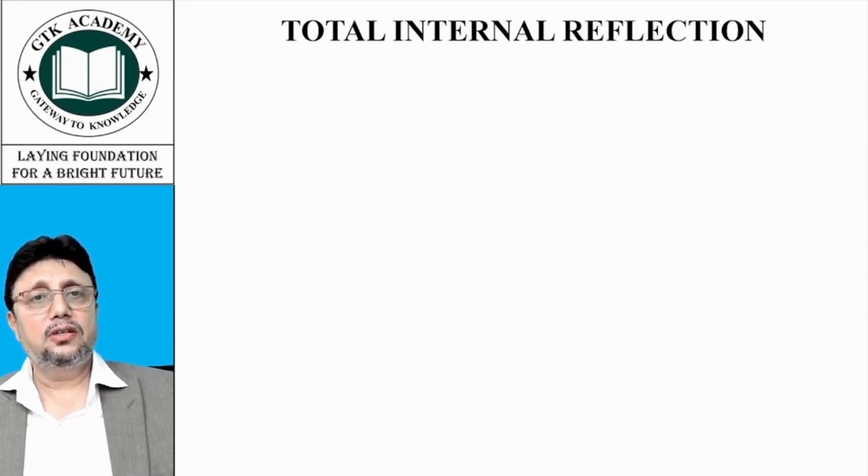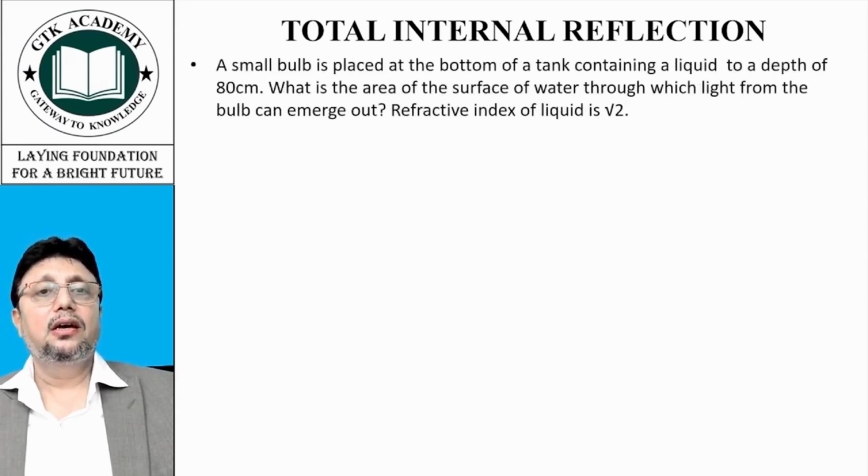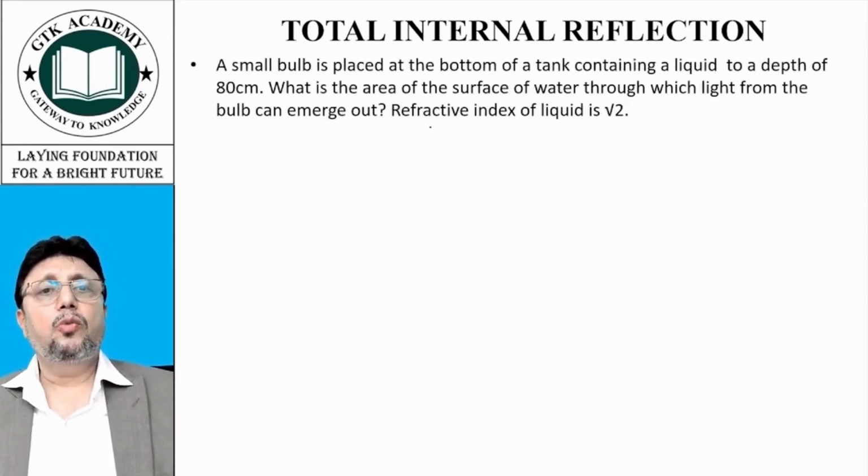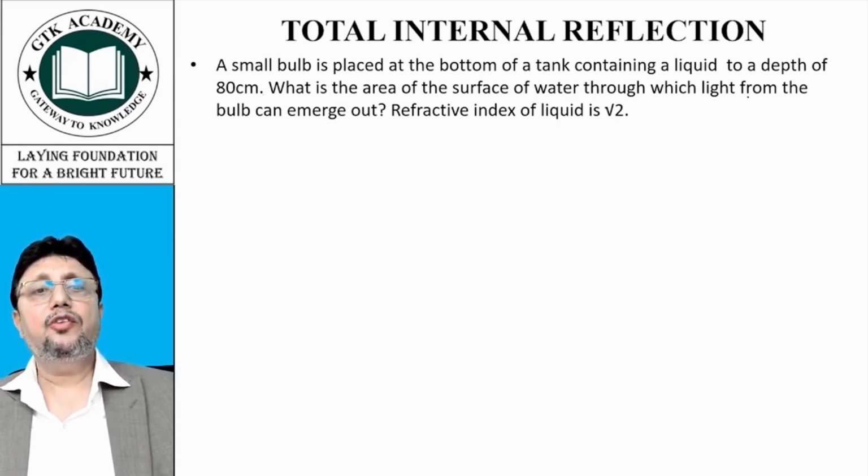Now let's try out some problem on total internal reflection. Now the problem says a small bulb is placed at the bottom of a tank containing a liquid to a depth of 80 centimeter. What is the area of the surface of water through which light from the bulb can emerge out?